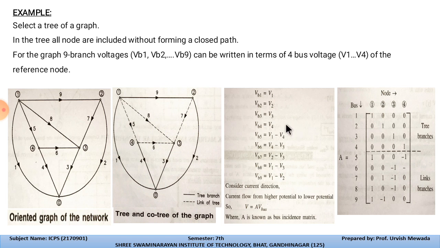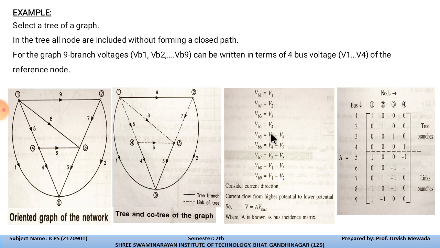All are dependent on each other, so they are not independent variables. It is found from the concept of the tree, and the tree branches give the number of independent voltages. So the number of tree branches indicates the total number of voltages.